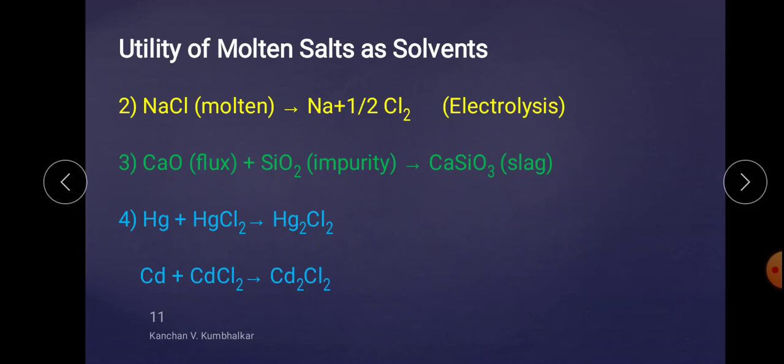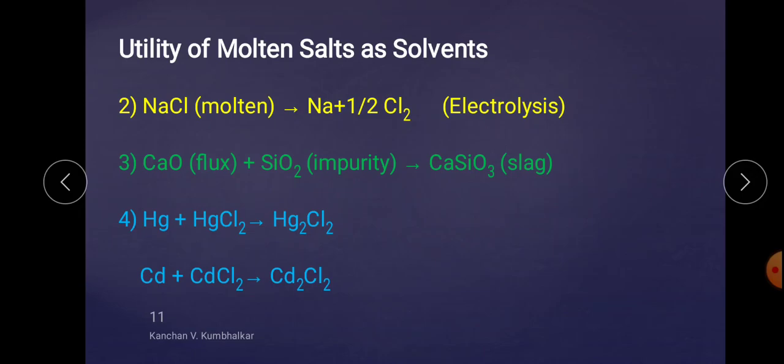The molten salt has disadvantages as well as advantages. So this is the first advantage, that highly reactive species like halogens are not eligible to be studied in water as a solvent, but can be conveniently studied in molten halides.